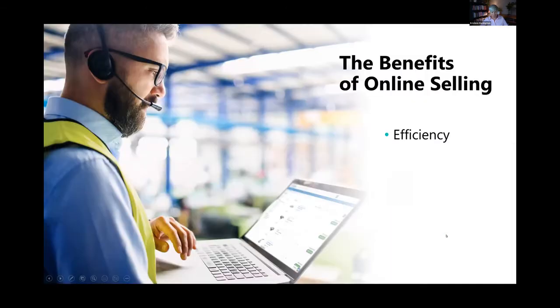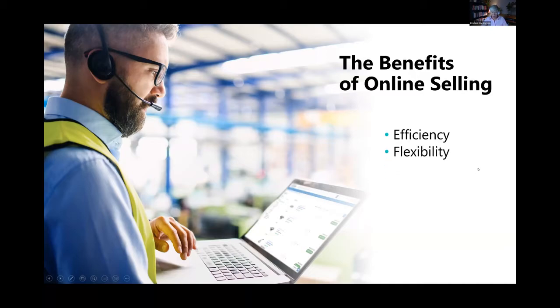All right. So there are some benefits of online selling that I like to summarize in 3 ways. And as we go throughout this presentation, I'm going to come back to these, but really these benefits apply to both you as a manufacturer or a parts organization and your customers. So when you offer online solutions, you are creating a way to be more efficient, essentially the reduction of manual processes.